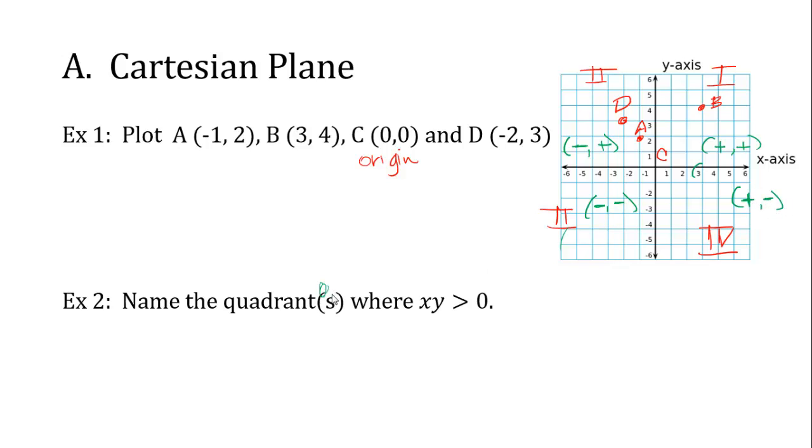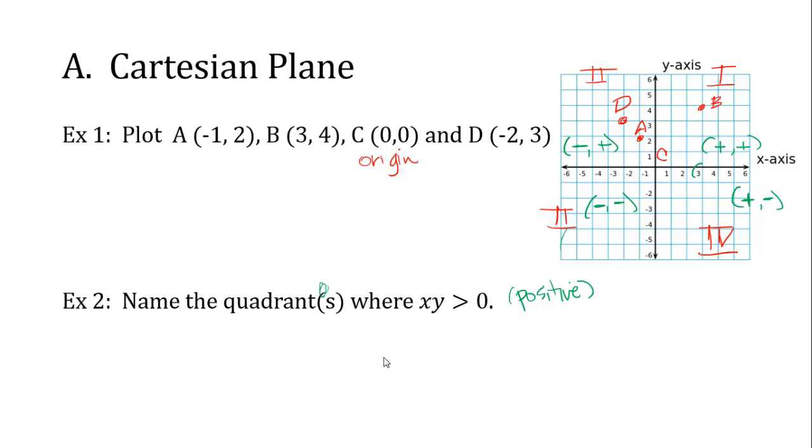So you will occasionally have a question like this. Name the quadrant or quadrants where the product of x times y is greater than 0. That means it's positive. Okay, so you and I know that in order to multiply two numbers and get a positive product, the sign of those two numbers needs to be identical, either both positive or both negative.